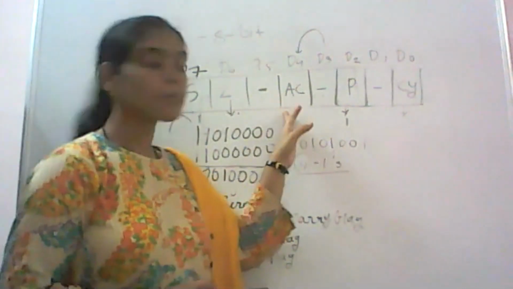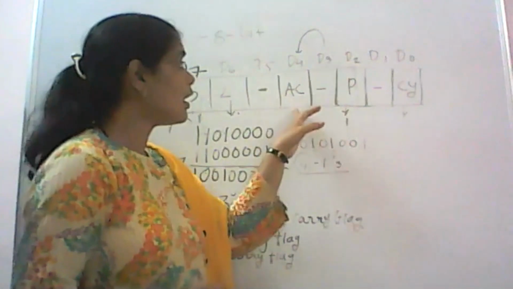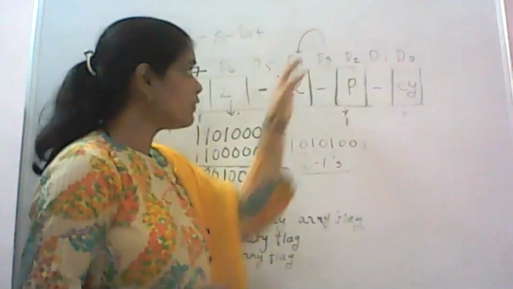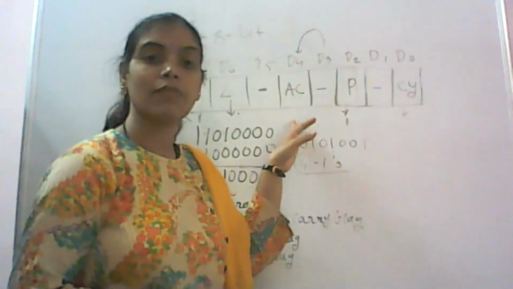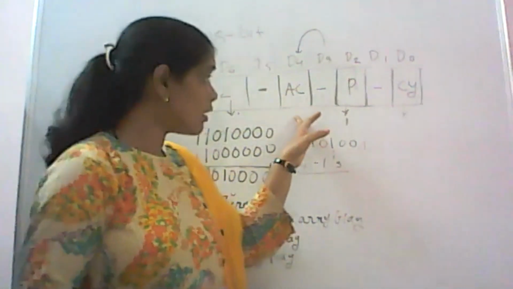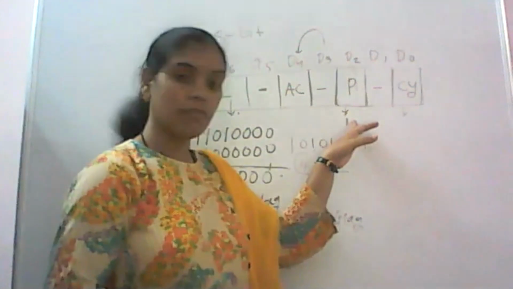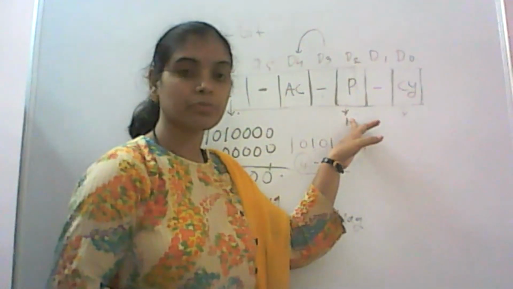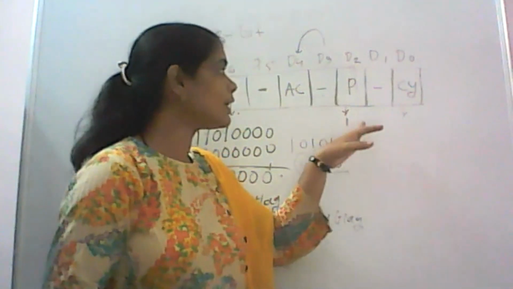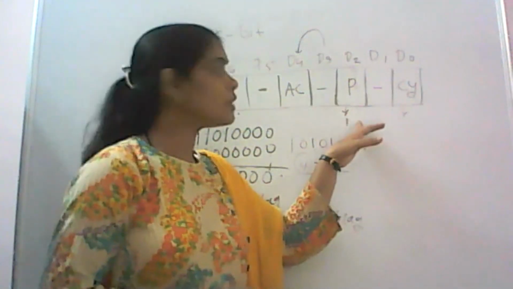Auxiliary carry flag, when D3 to D4 bit carry is generated, that time auxiliary carry flag is set, otherwise reset. Then parity flag, if your result is even parity, that time parity flag is set, otherwise reset.